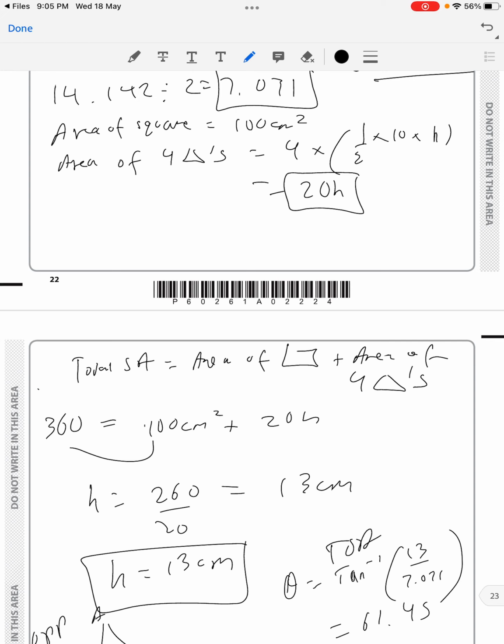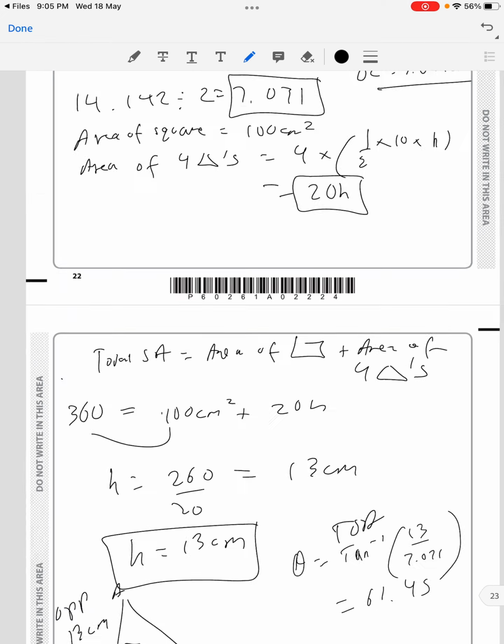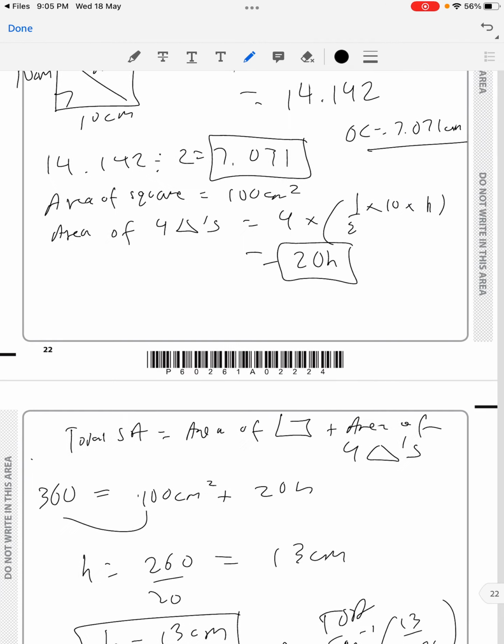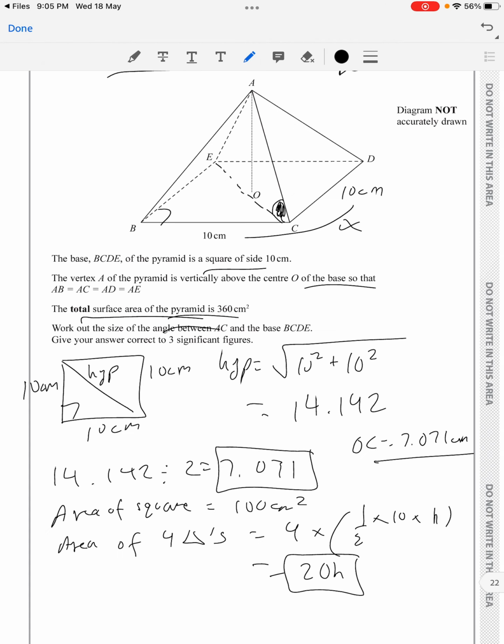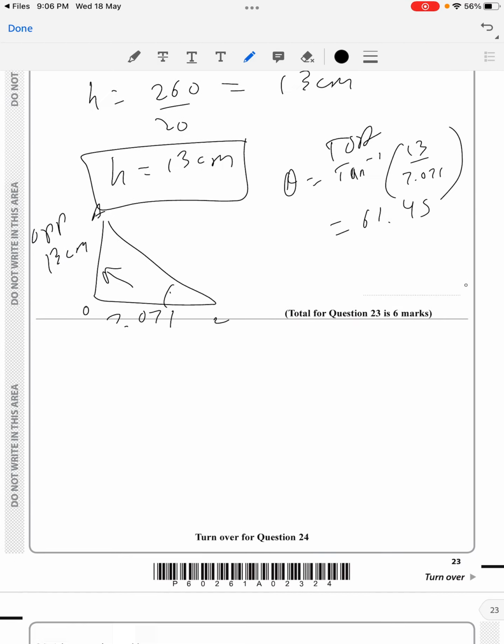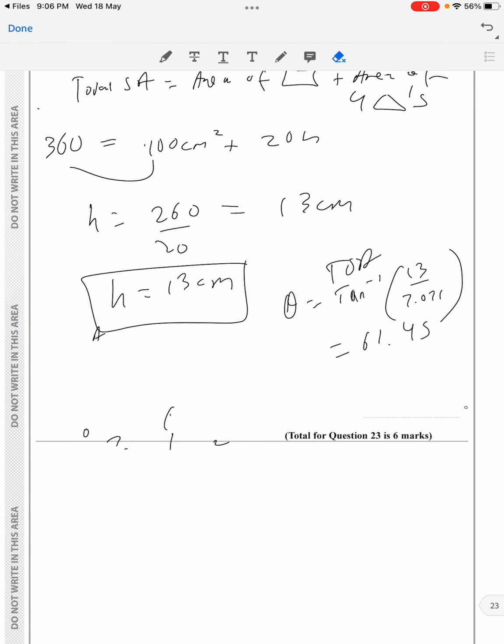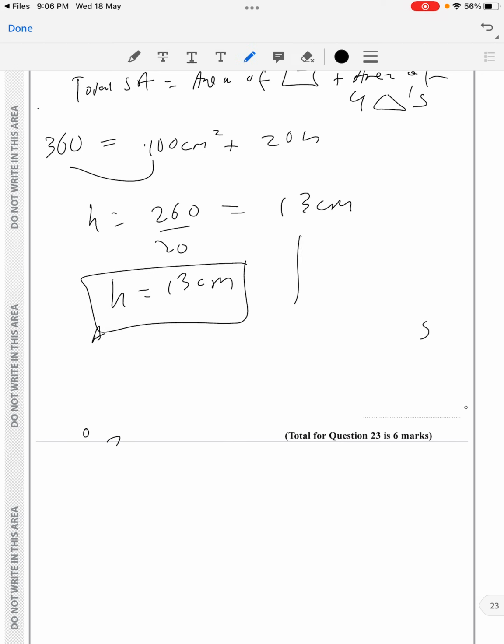The height AO is given to us as 13. Alright, okay. We know the height as well. So we're going to use the height as an assumption. We're going to rub this idea out, since it's almost correct. But if you need to be more accurate, you need to use the triangle formula, right?